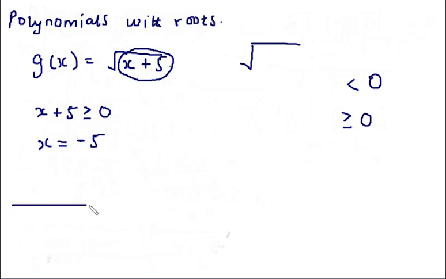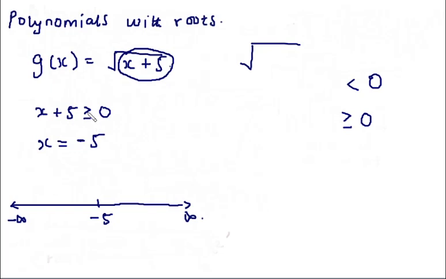So this is our number line, and then we have negative infinity, and then somewhere between that we have minus 5, and then somewhere to the right we have positive infinity. So on this number line, on this point, I can have an open point or a closed point, but whether I have an open point or a closed point will depend on my inequality.